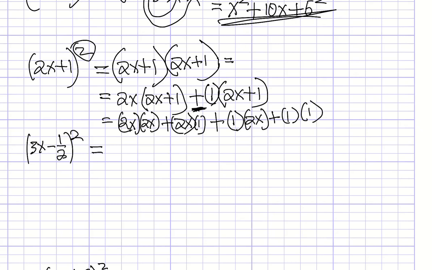If you simplify that, you get 4x squared plus 2x plus 2x plus 1 squared. We usually don't write 1 squared. That would be 4x squared plus 4x plus 1. That's what 4 is saying.